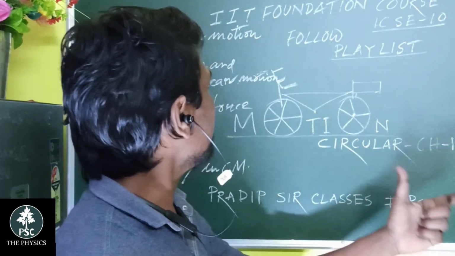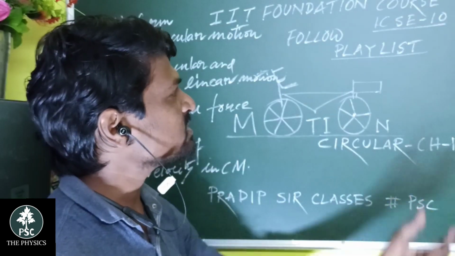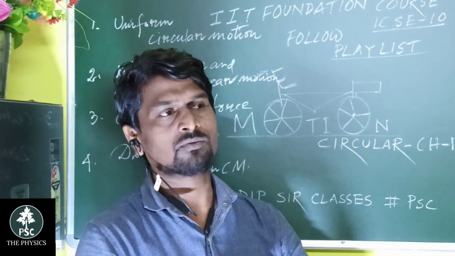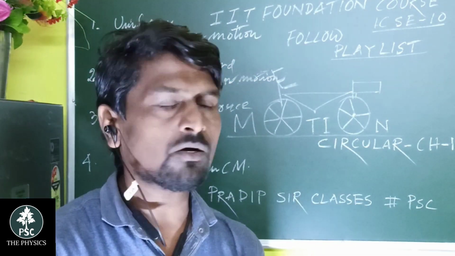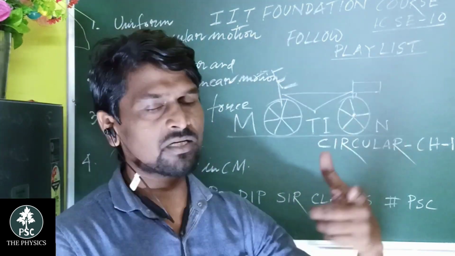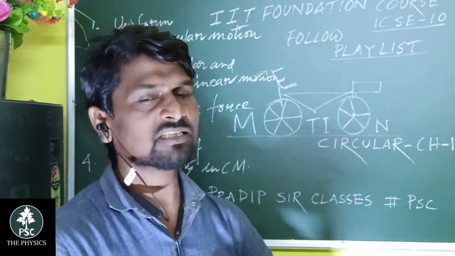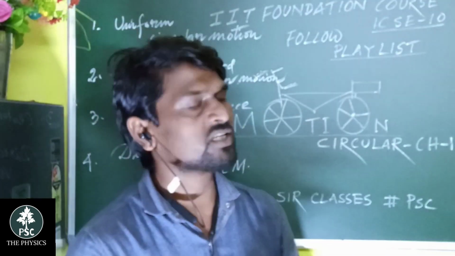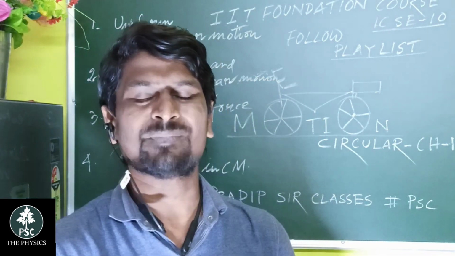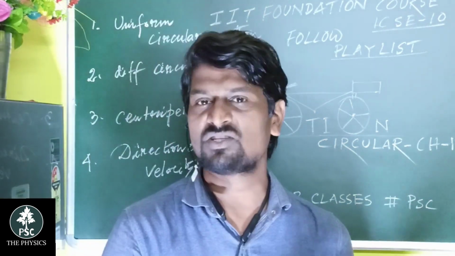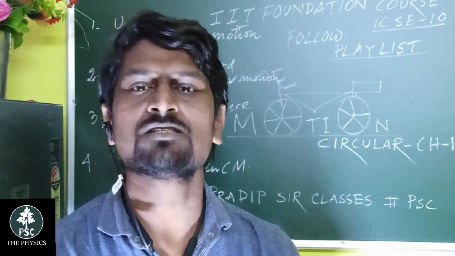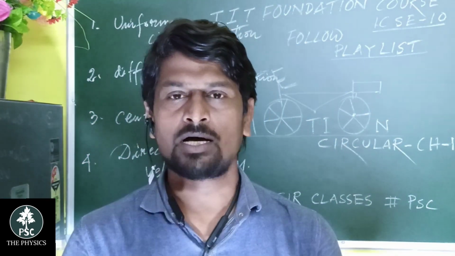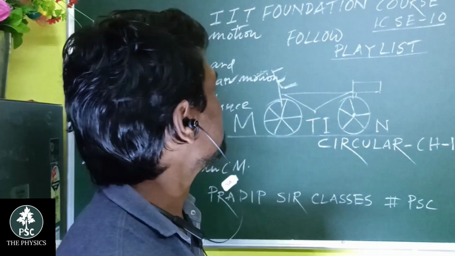So today we are in IIT Foundation course. This is ICSE-10, and within a week or two we will go through a particular chapter related to CBSE 10. It is based on class 10, whether ICSE or CBSE syllabus, and I completed all the concepts as well as the motivations of IIT Foundation course.